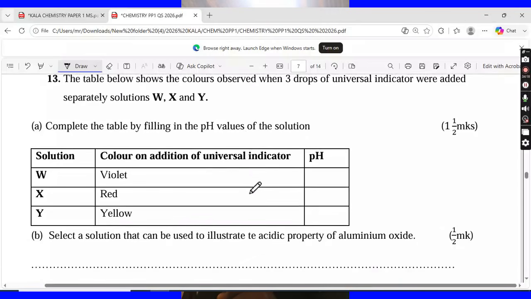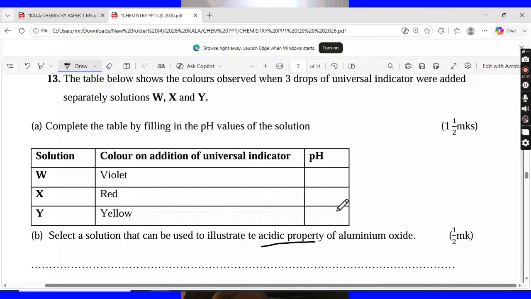The table below shows the colors observed when 3 drops of universal indicator were added separately to solutions W, X and Y. Select a solution that can be used to illustrate the acidity property of aluminium oxide. Remember, aluminium oxide is amphoteric, so it behaves as an acid as well as a base.